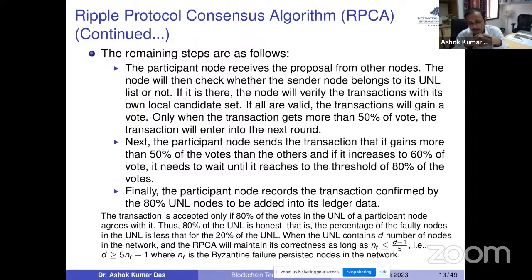probing phase. In the probing phase, the participating nodes need to raise this vote from 50% slowly to 60%.